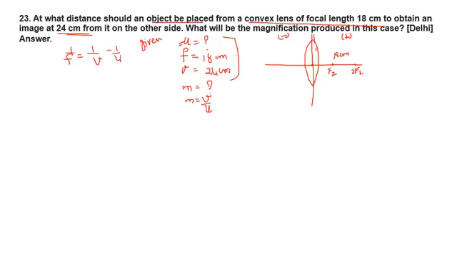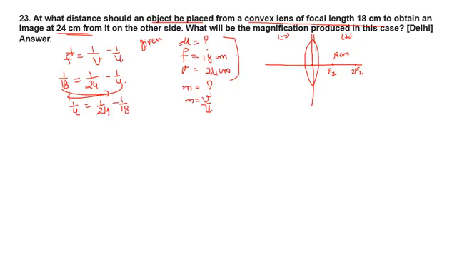So I have to find out u with the help of this. 1 upon f, that is 1 upon 18, is equal to 1 upon v, that is 1 upon 24, minus 1 upon u. If I interchange the position, my 1 upon u will come here and become positive, 1 upon u equals 1 upon 24, and I have to bring 1 upon 18 over here. It will become minus 1 upon 18, right?